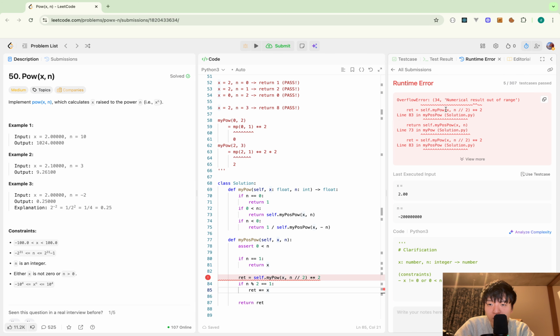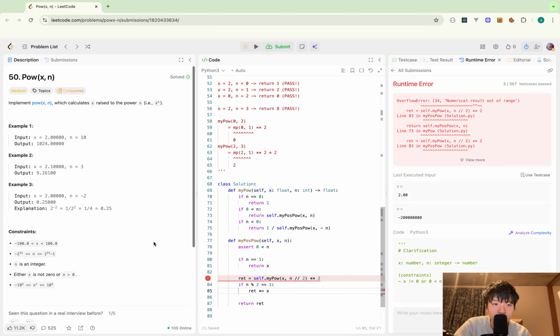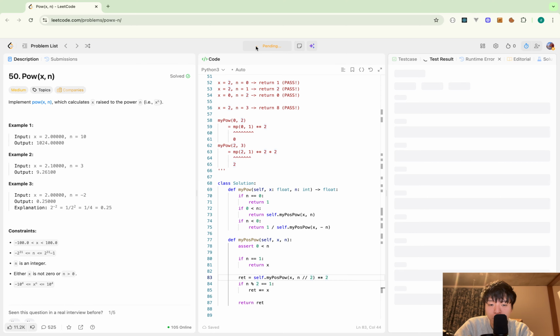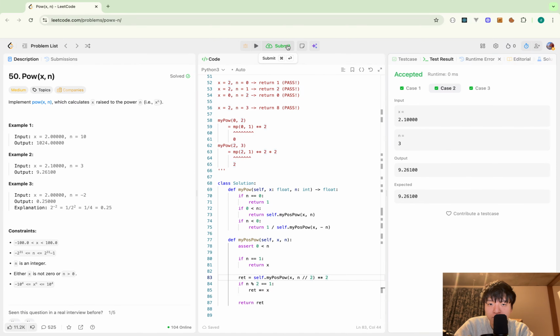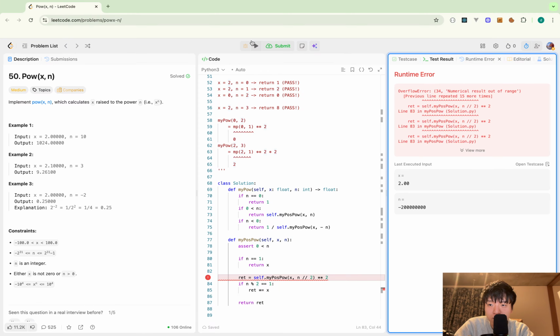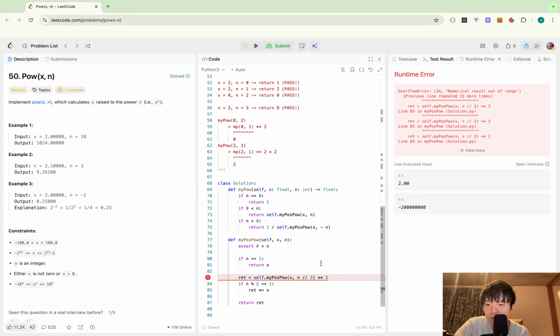So overflow error 34, numerical result out of range. Sorry, I should call my positive power. Okay, and I try this again. No, numerical result out of range.